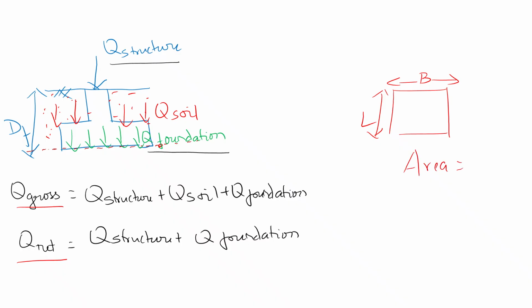It is nothing but L into B. So I can say the intensity of loading or the pressure is nothing but the load divided by area. So if I'm saying intensity of load, then it means it is pressure. What will be the unit? Usually it will be in kilonewton per meter squared or otherwise kilopascal.